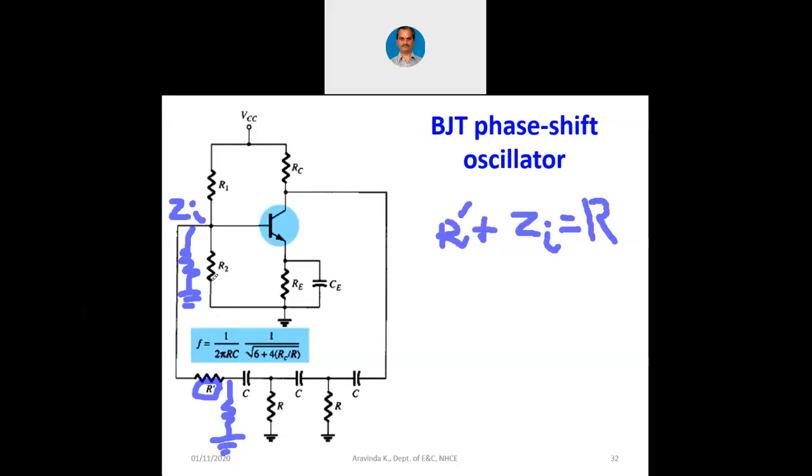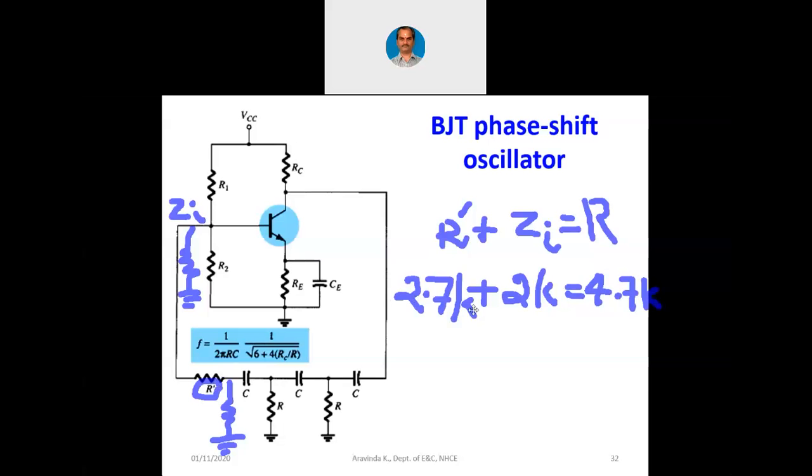If at all you know in prior about the impedance of an amplifier, then you can choose a value R dash in such a way that let us say this Zi is 2K and let us say R what we want is 4.7K, then you should have R dash as 2.7K. So 2.7K plus 2K becomes 4.7K. Now that is the value which we should choose for R dash so that the phase shift oscillator will work.